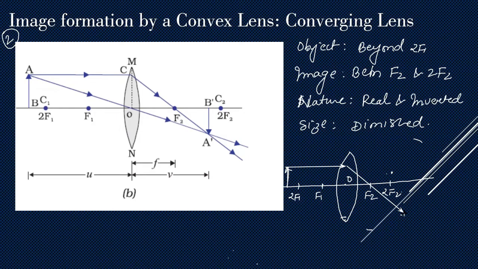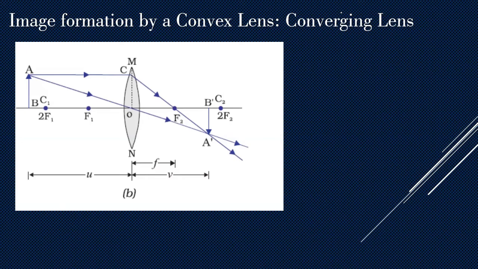Take another ray passing through optical center. If it is passing through optical center, it will pass undeviated. So now this is where the two rays meet. This red one is your A dash B dash image. Image is real and inverted, on the other side, diminished, smaller than the object, right? Understood?